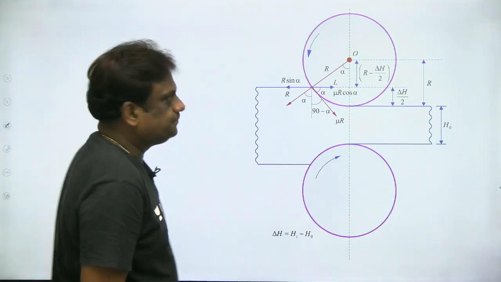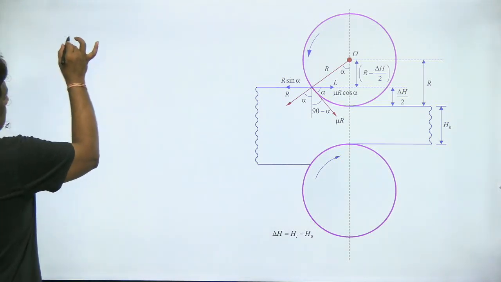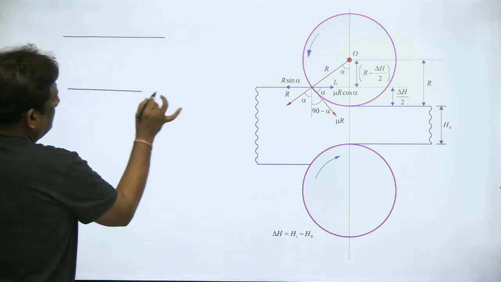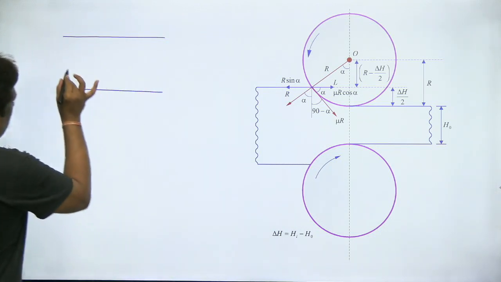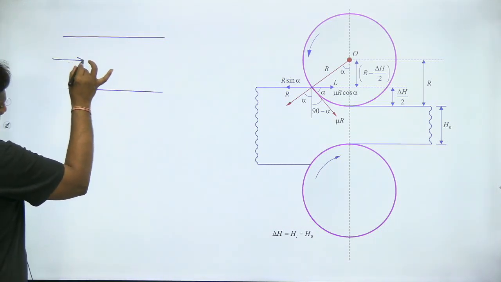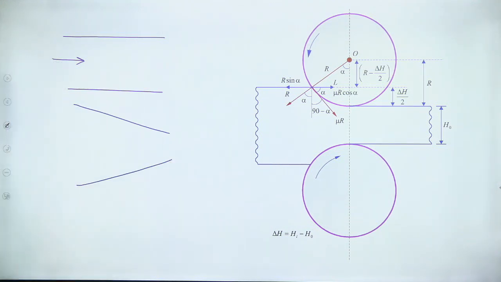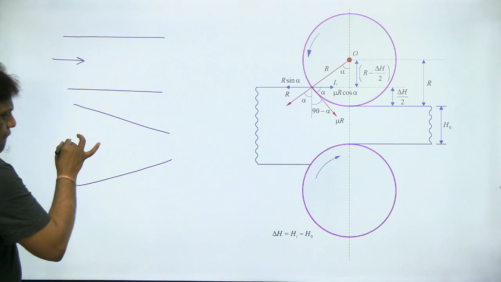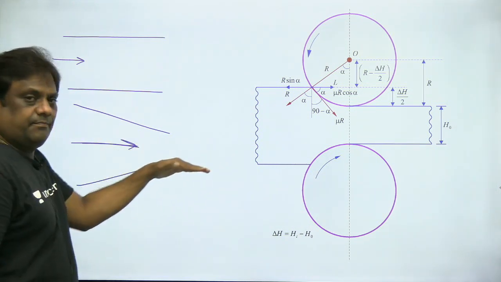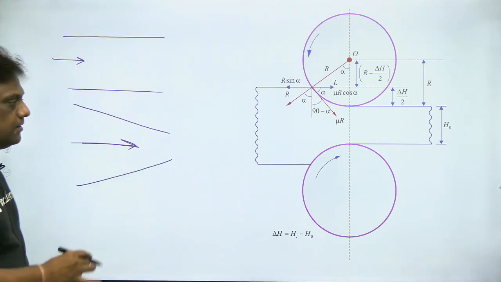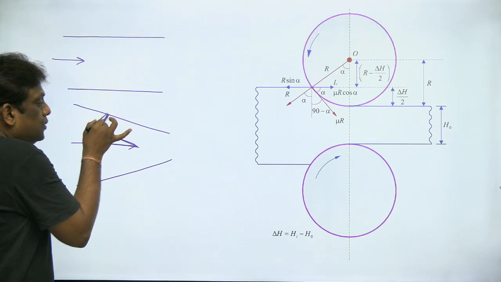Look carefully. Simple logic. It has nothing to do with this, I'm giving you a different example. See, when the fluid is moving faster in this direction, it has limited time to exert force in the normal direction.